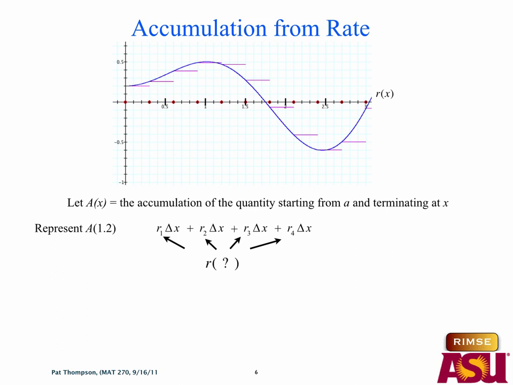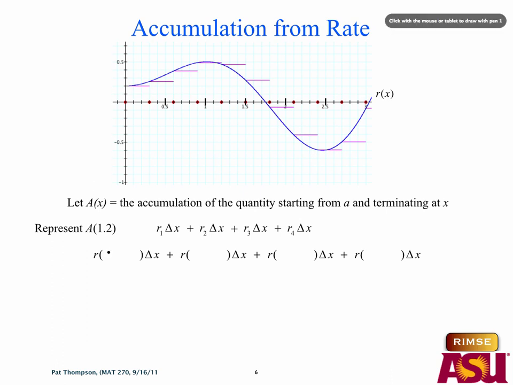So what goes in the blanks here? If we didn't want to jump the gun, I could say r sub 1 comes from finding r of, so this rate comes from taking r of what?